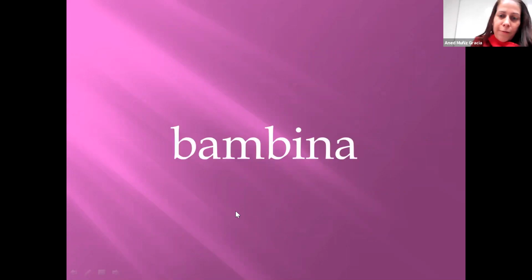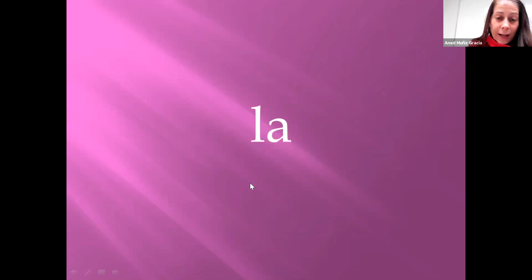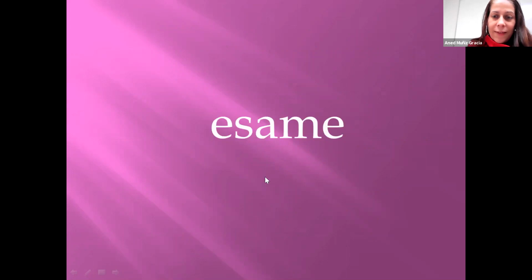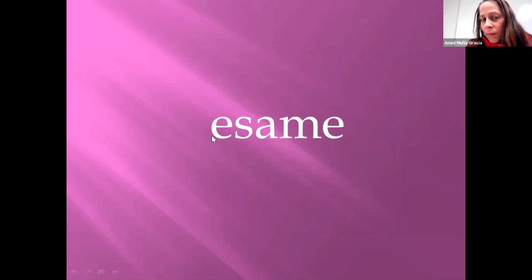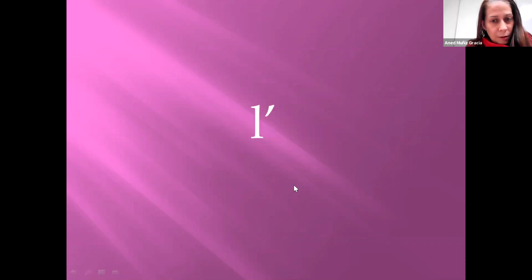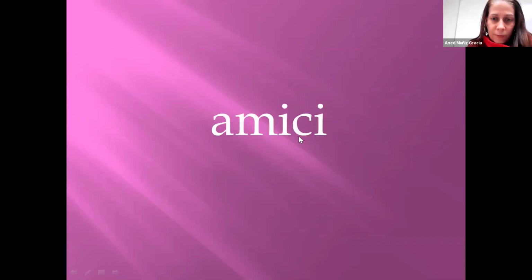Bambina, feminine singular, consonant, regular consonant, or any consonant. Esame, right? If this is a singular word, and it is a singular, I'm telling you right now, then the article, regardless of gender, would be l apostrophe for nouns that begin with a vowel.